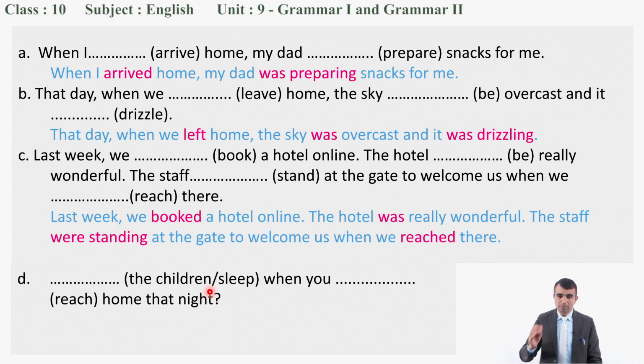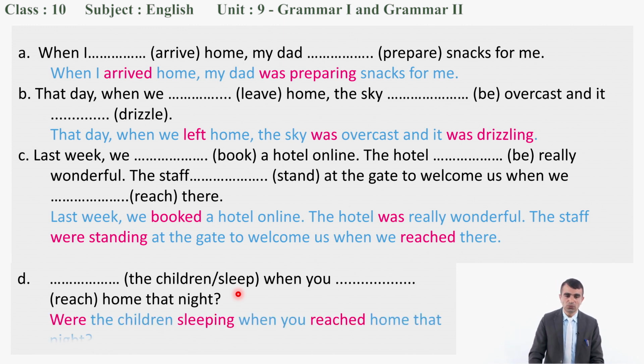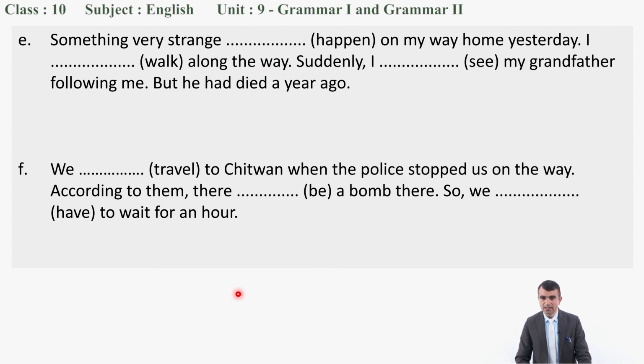Good. But here you should form a question. Is it so? The children sleep means children were sleeping or were the children sleeping? Good. Were the children sleeping? Were the children sleeping when you reached home that night? Good. Next, something very strange that happened on my way home yesterday.